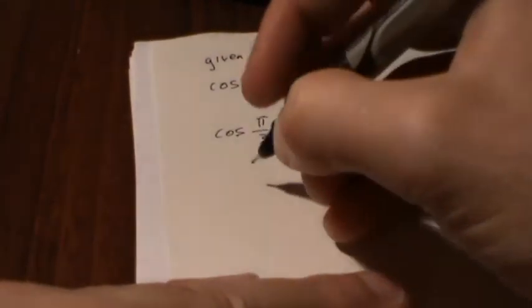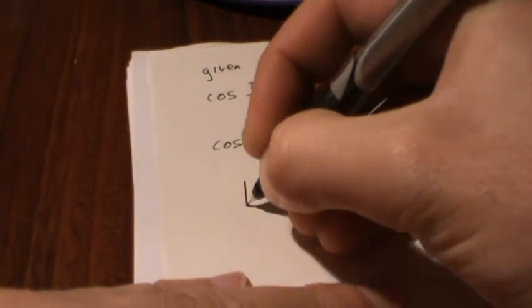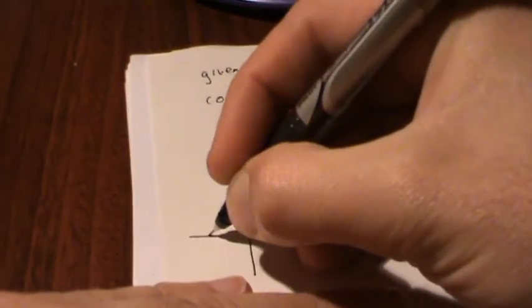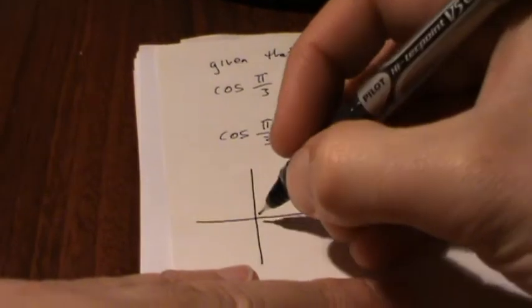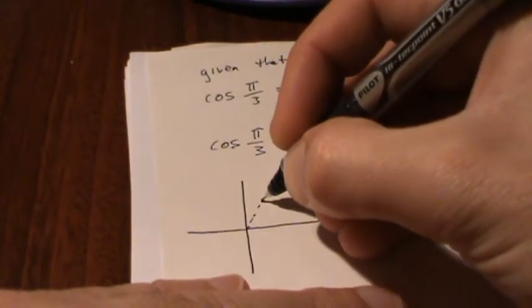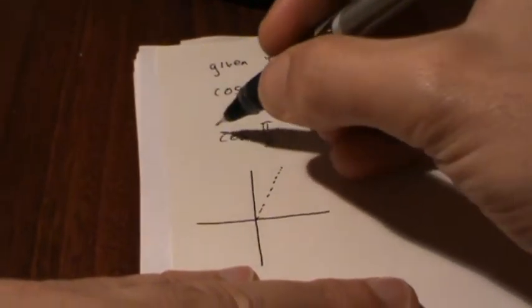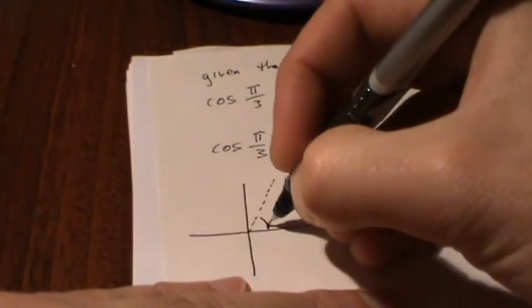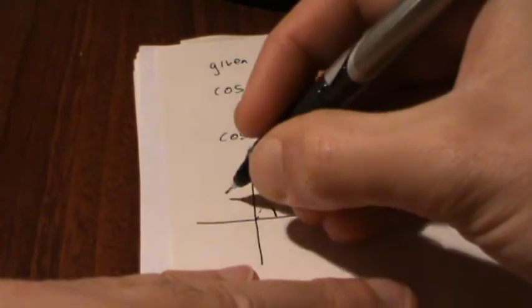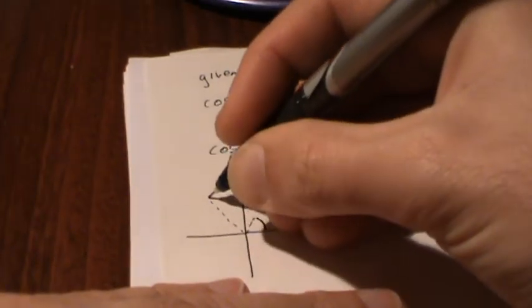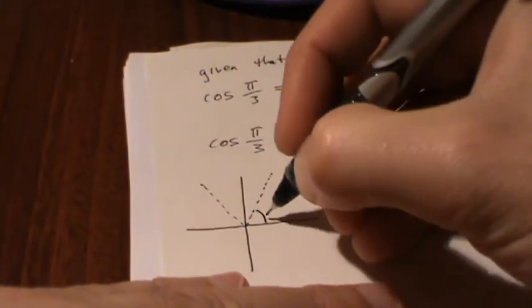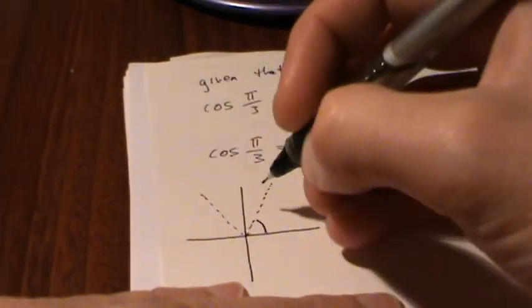Again, I'll just quickly show that that's true on the graph here. Pi over 3 is right here. Now this is a third of a rotation. Here's a third, here's a third, and here's a third.